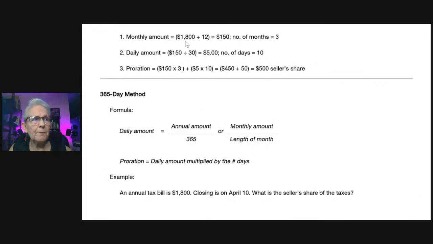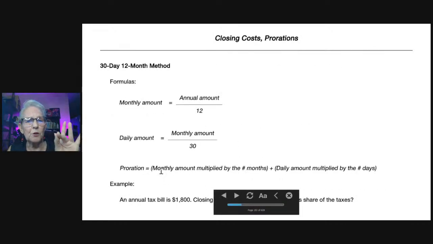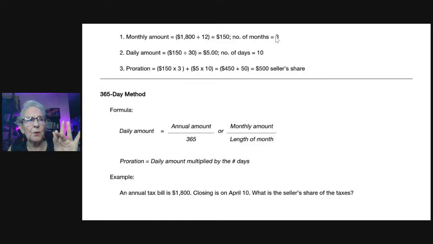So monthly amount, 1,800 divided by 12 equals 150. Number of months, 3 months, January, February, March, because it closes April 10th. So 3 months times 30 is 90 days.